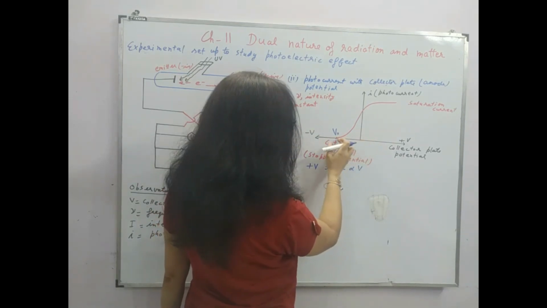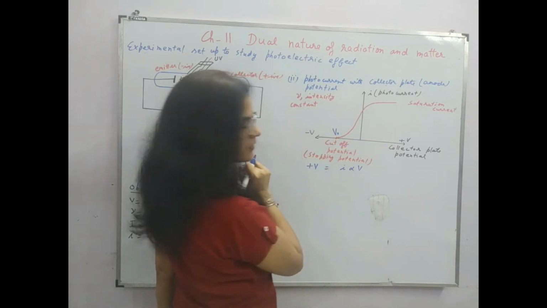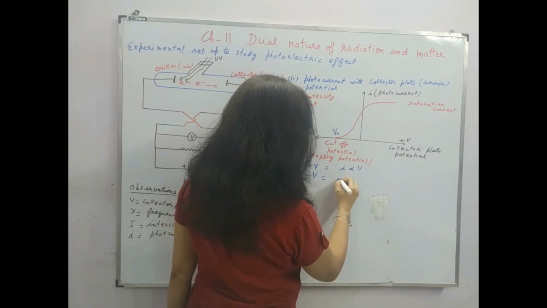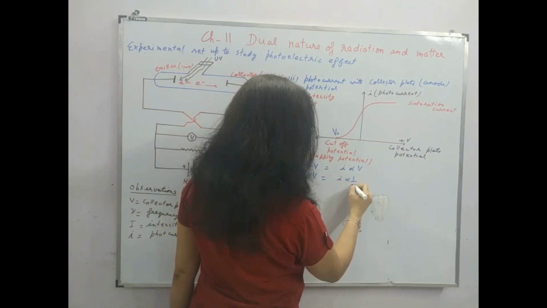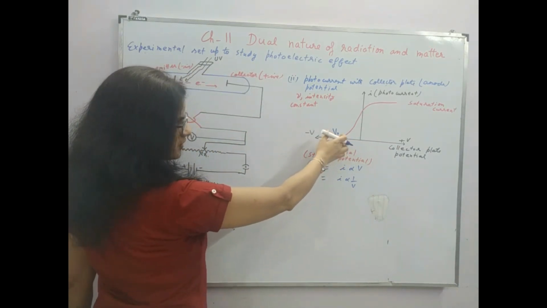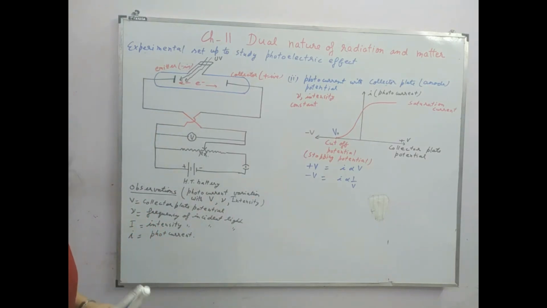When the opposite potential increases, the current decreases. So for negative potential, current decreases as the magnitude increases in the opposite direction. So this is one result.